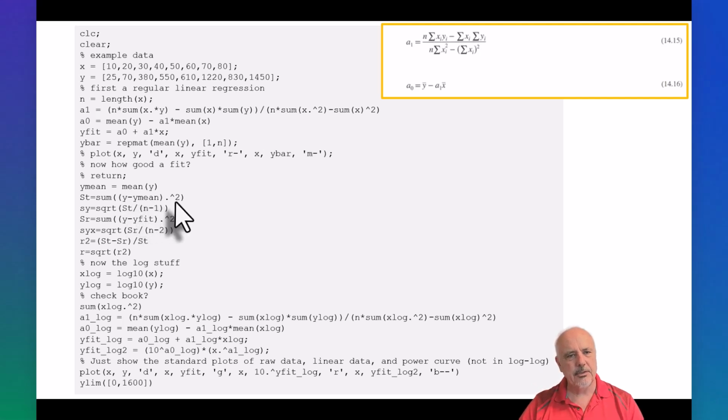I take each one of those to the 2 power, square each one, and then sum that. So that's the sum of squares of the residuals. Go ahead and plot out what my standard deviation is. And then I do the same thing for y relative to the y fit, which came from this. These are my residuals, and I take those and square each of them.